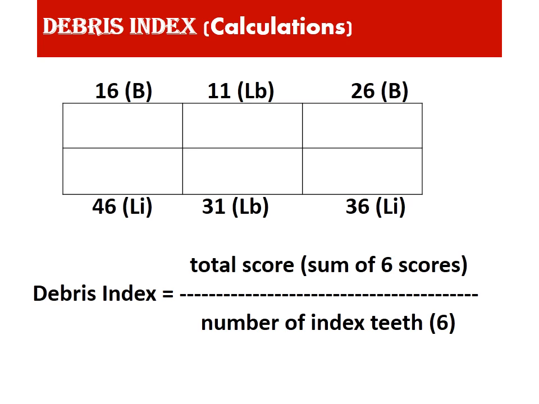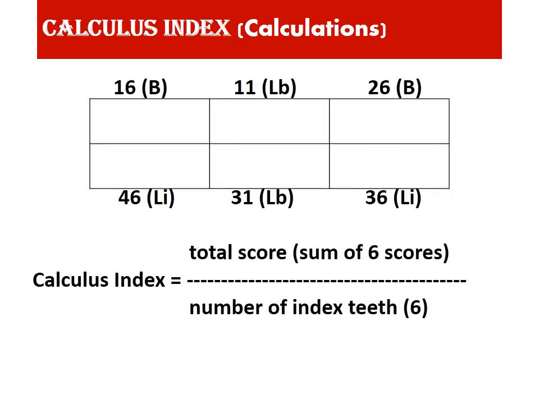For calculating the debris index, add all the scores of the 6 index teeth and divide by 6 to get the individual debris index. Same as debris index, you calculate the calculus index also by adding all the scores of the 6 index teeth and dividing by the number of teeth, that is 6.